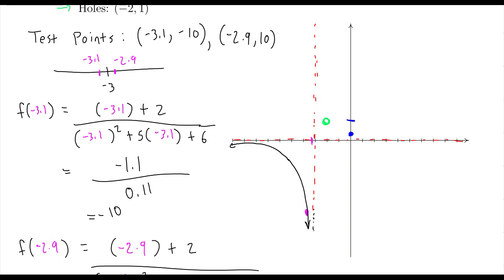So my second test point is negative 2.9, comma 10. Here's negative 2.9 about, and so negative 2.9 comma 10 is going to be way up here somewhere. Now I know for sure where my graph is supposed to be.